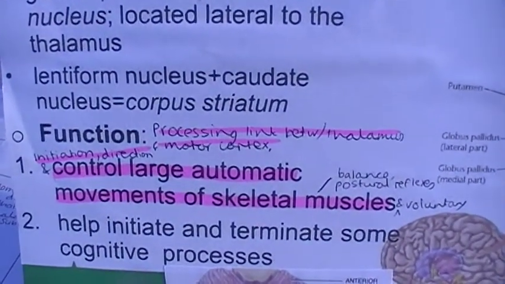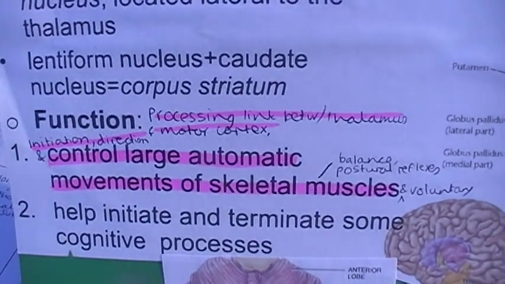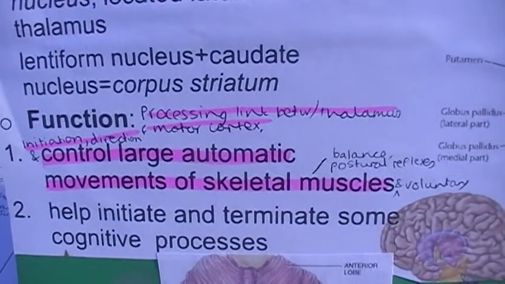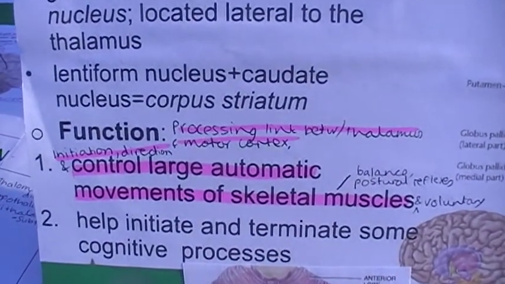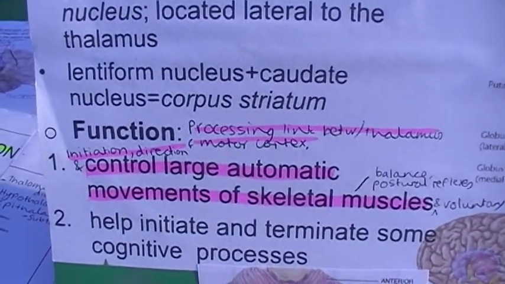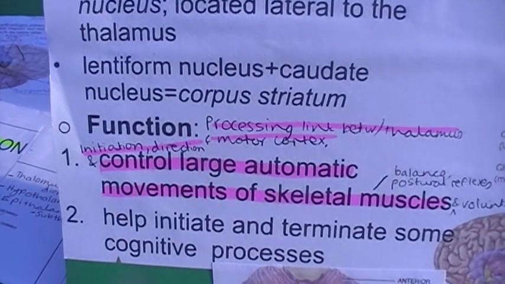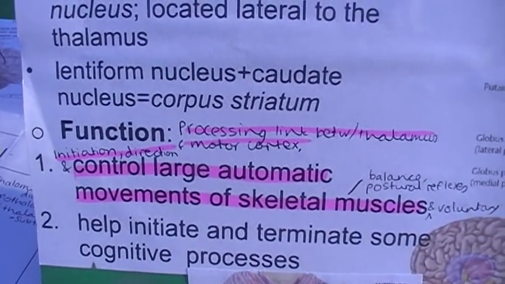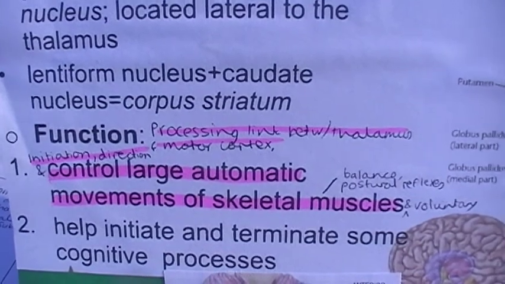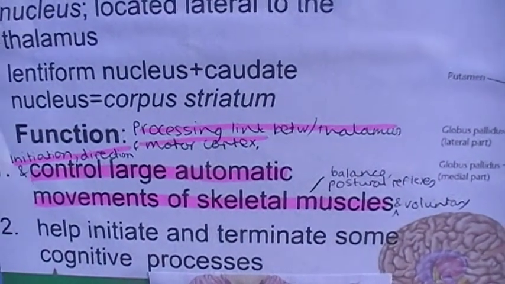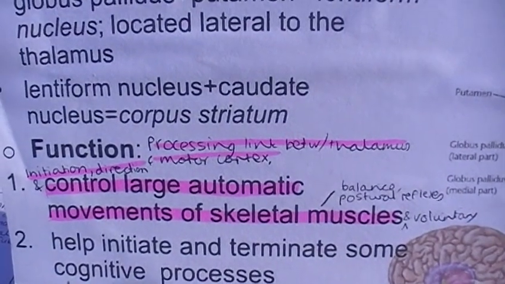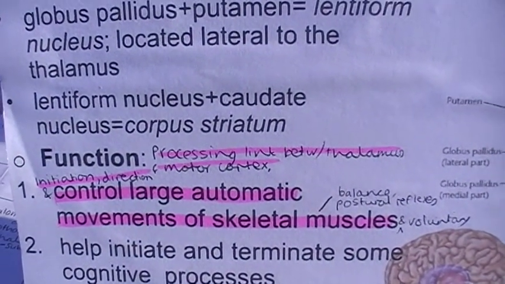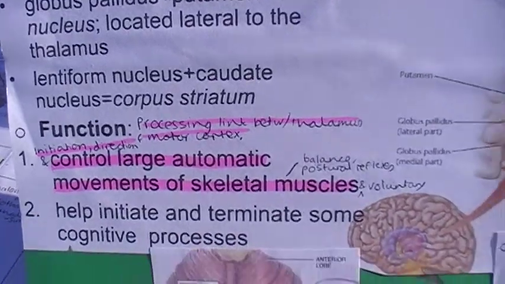Its function is to control large automatic movements of skeletal muscles and is the processing link between thalamus and motor cortex.